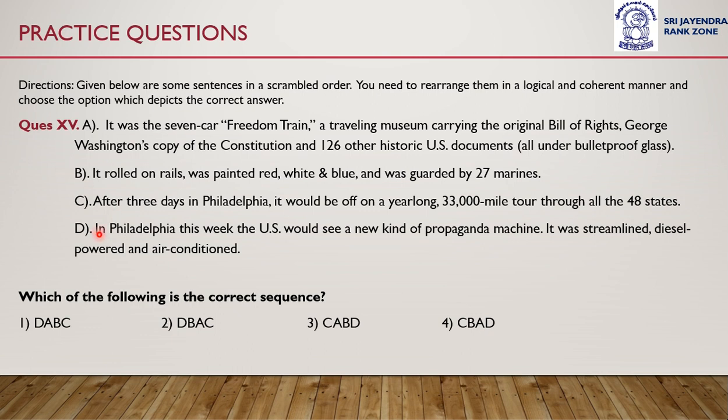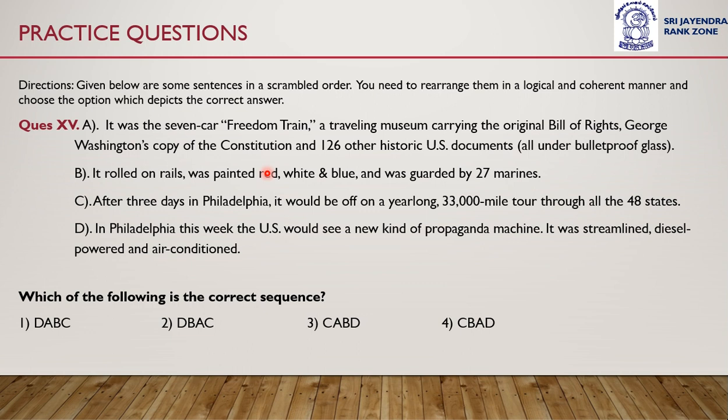So the opening statement is: in Philadelphia this week, the US would see a new kind of propaganda machine. It was streamlined, diesel powered, and air conditioned. It will be followed by D. B. It rolled on rails, was painted red, white, and blue, and was guarded by 27 Marines.